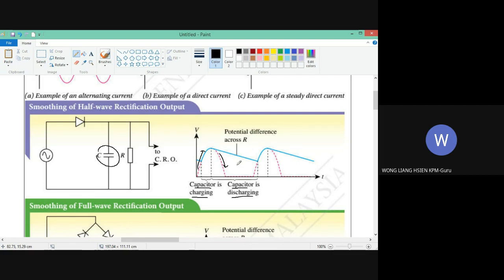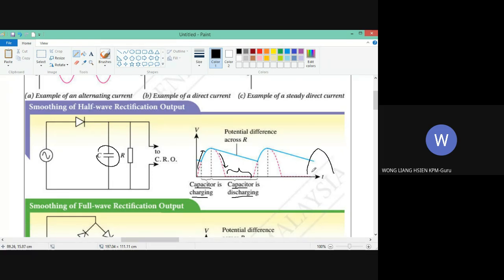If we don't have a capacitor, the voltage that the load gets goes up and then drops down until zero. And then for some time, there's a period of time where the load does not get any energy, and then it gets energy some more, and then drops down, no energy for some time, and then gets energy some more, and then no energy.